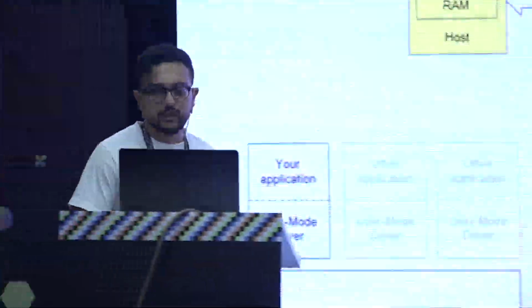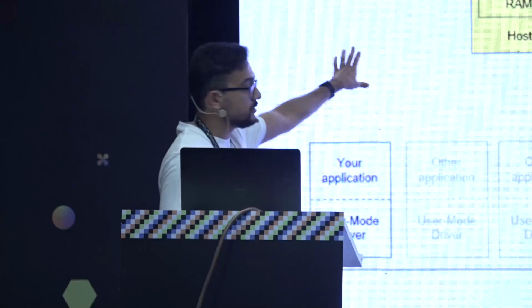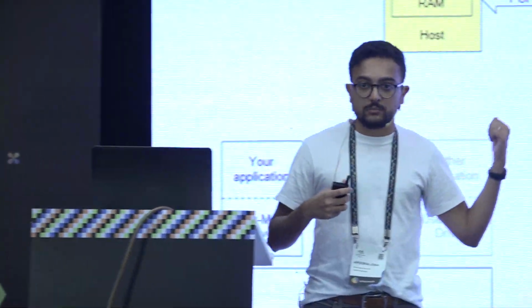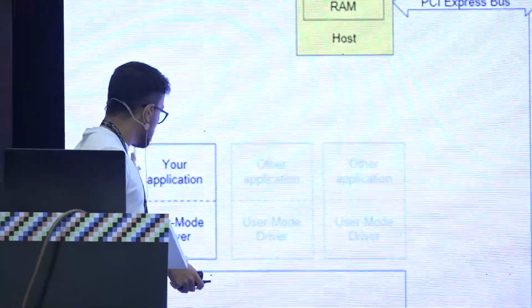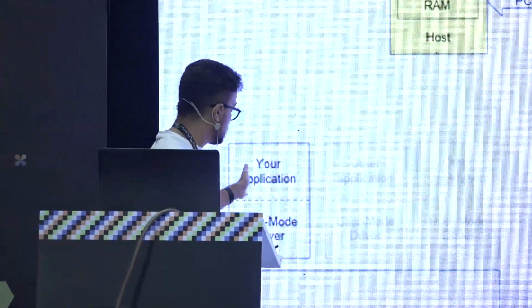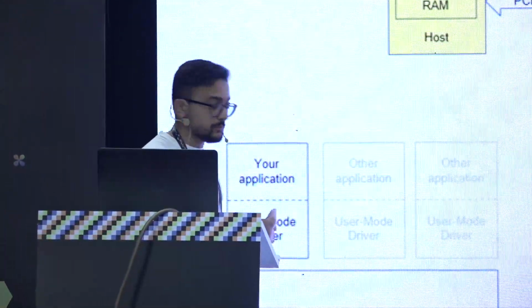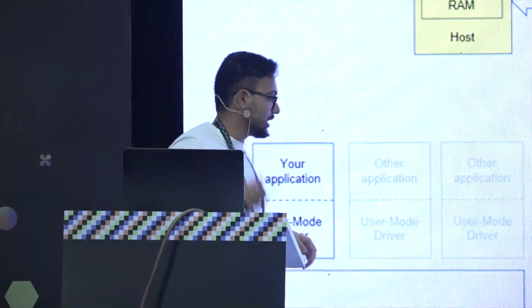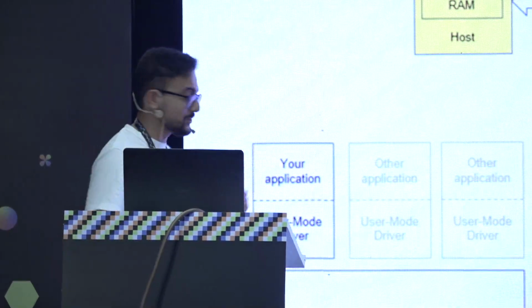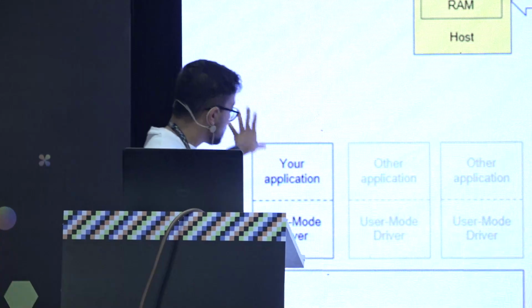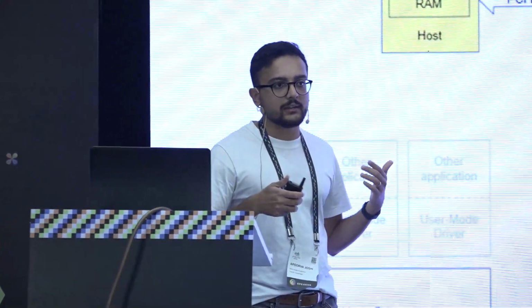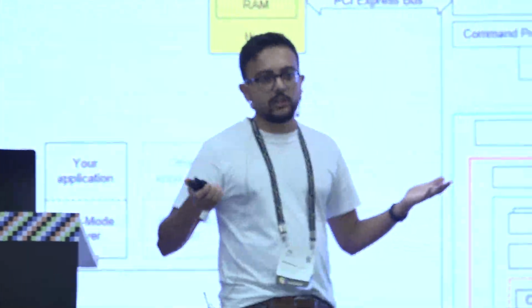So first, everything begins on the CPU side, where you have your application and then a user mode driver below it. Your application will include your game engine, gameplay logic and so on.